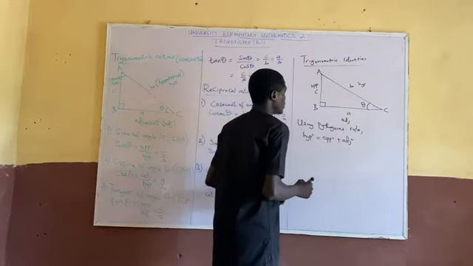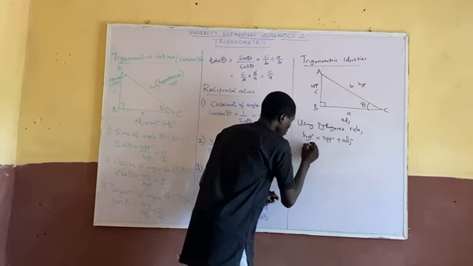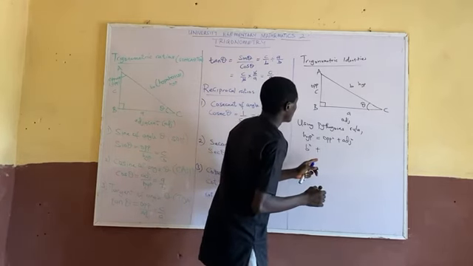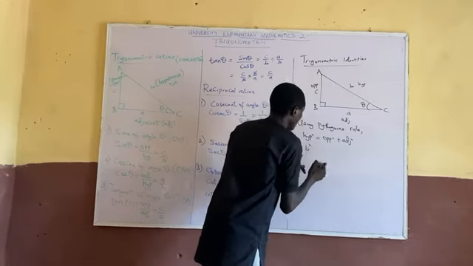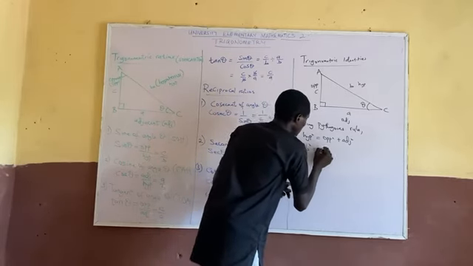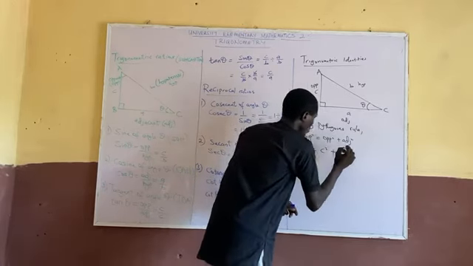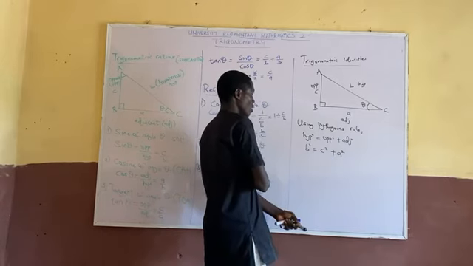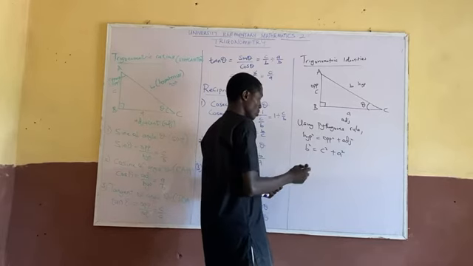So we have b square equal to c square plus a square. Let's decide to divide through by b square.